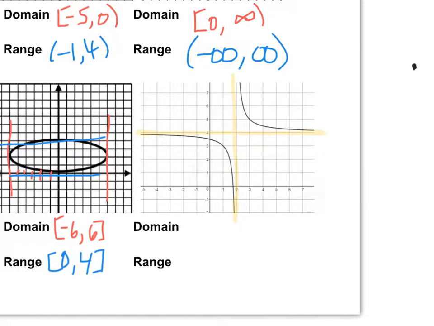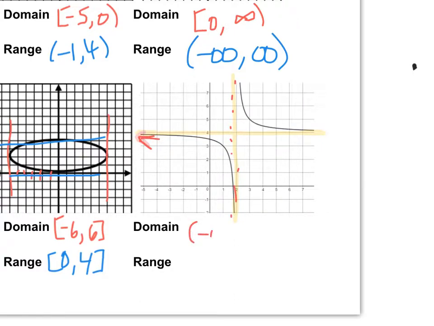So usually my domain would be -infinity, positive infinity, but as I start from the left and hit that arrow, then I have to stop once I get to an x value of 2.